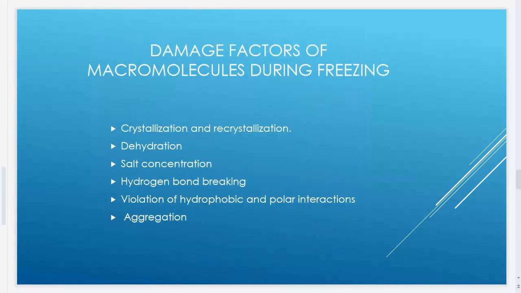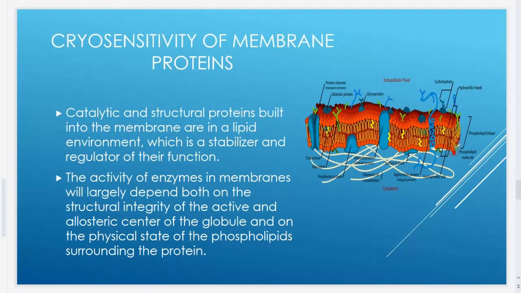The main factors damaging macromolecules during freezing are crystallization and recrystallization, dehydration, salt concentration, hydrogen bond breaking, violation of hydrophobic and polar interactions, and aggregation. Membrane proteins are proteins situated at the lipid bilayer or membrane of the cell.